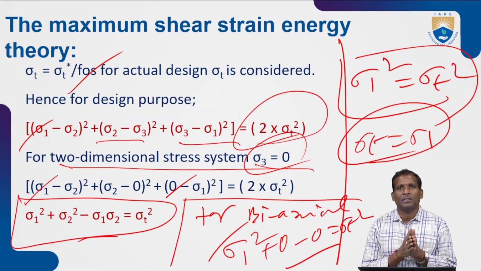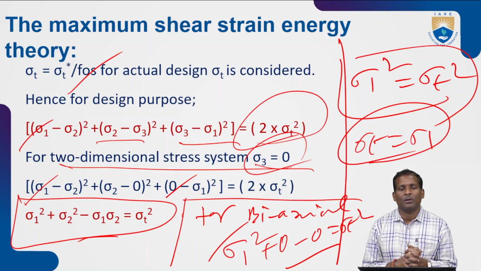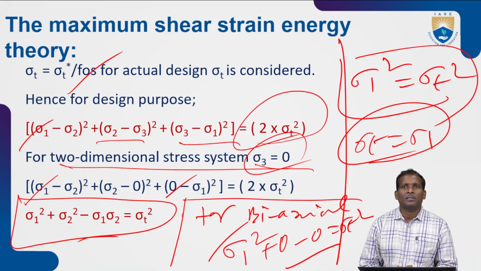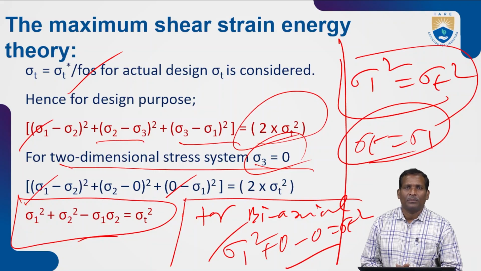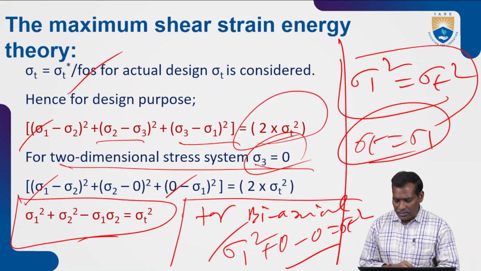In these theories of failure, we have discussed the maximum principal stress theory and the condition for safe design, and then the maximum shear stress theory, and we have seen the condition. And the maximum principal strain theory, and also we have derived the condition for safe design, and also seen the failure condition. The remaining two are the maximum strain energy theory and the maximum shear strain energy theory.